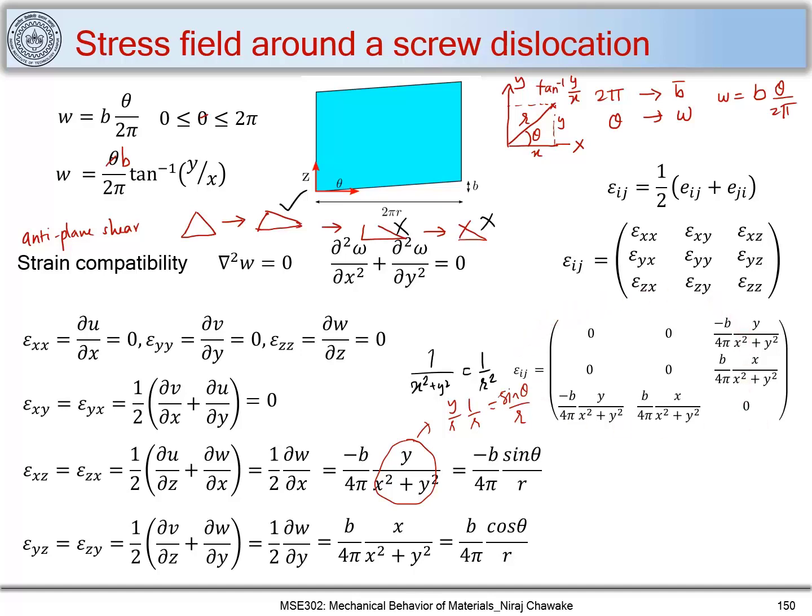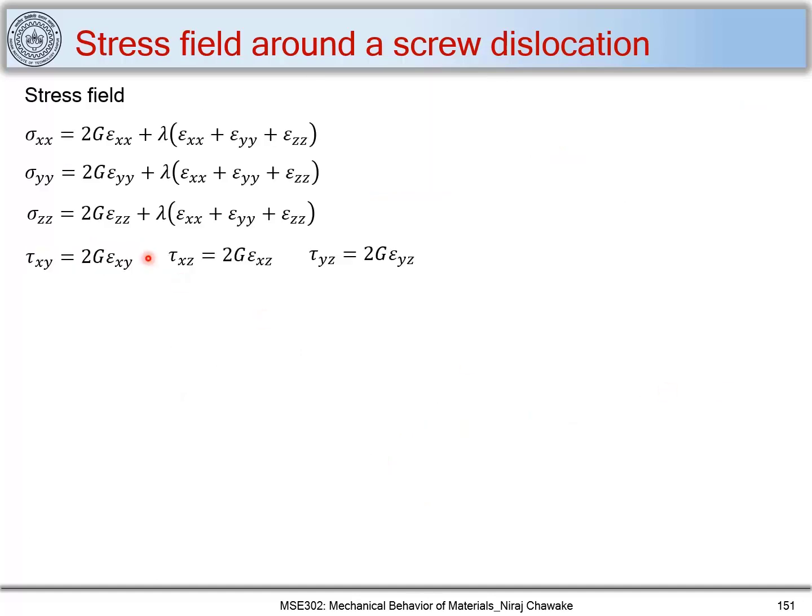Now let's find out the stress field around the dislocation. So using elastic theory, you can find out sigma xx is equal to 2g epsilon xx plus lambda, which is Lame's constant, this we have seen, into epsilon xx plus epsilon yy plus epsilon zz.